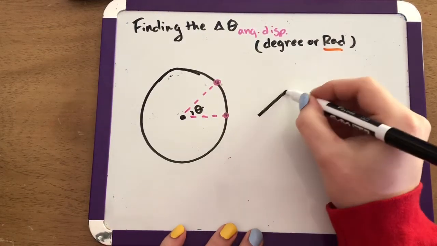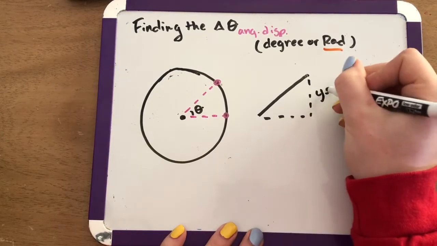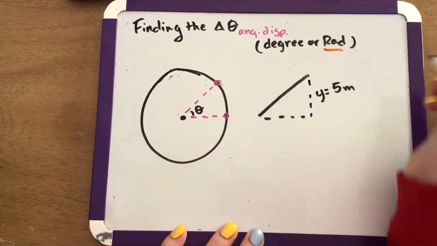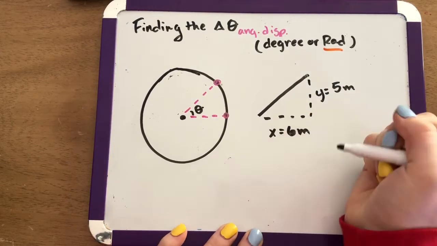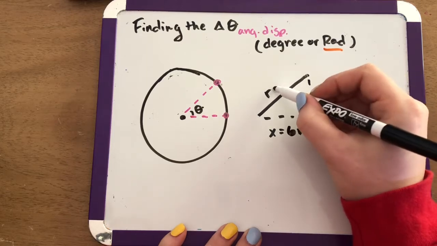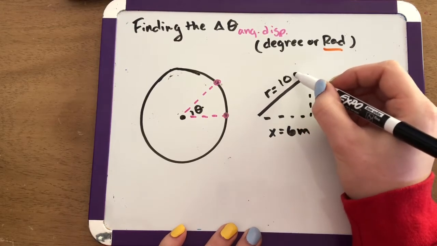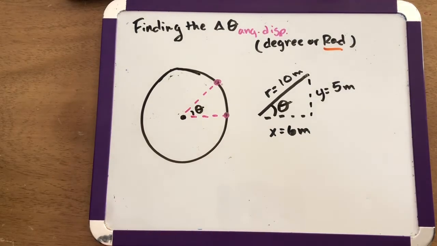Now, if we're given our Cartesian coordinates with a y value of 5 and an x value of 6 meters, and we know our hypotenuse, otherwise known as our radius for our circle, is 10 meters, we can solve our angle using SOHCAHTOA.